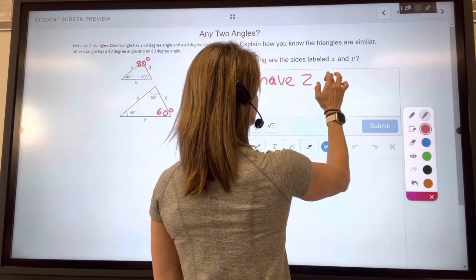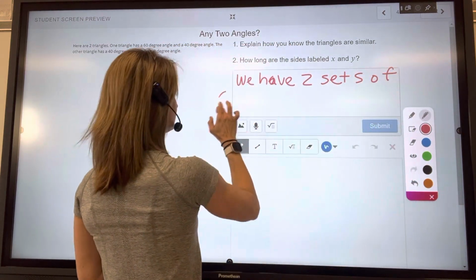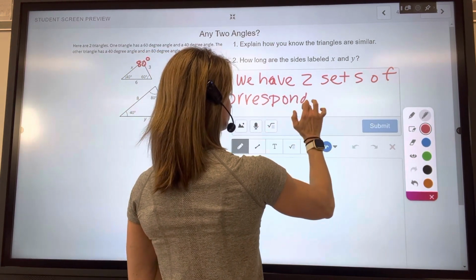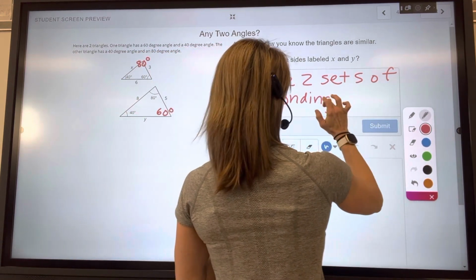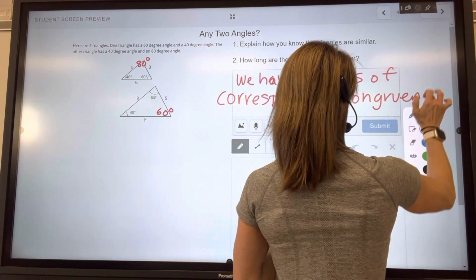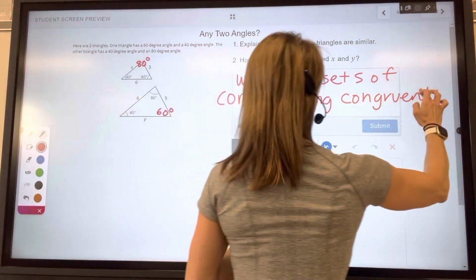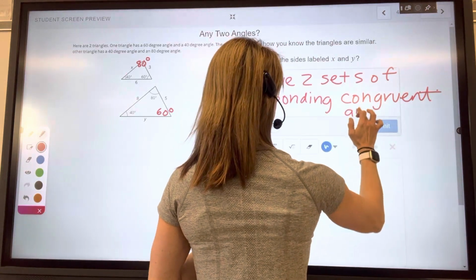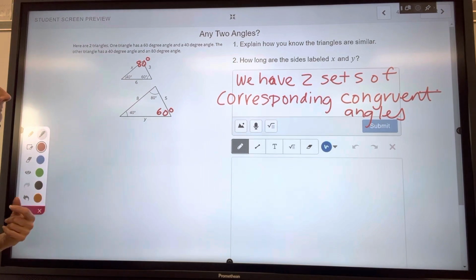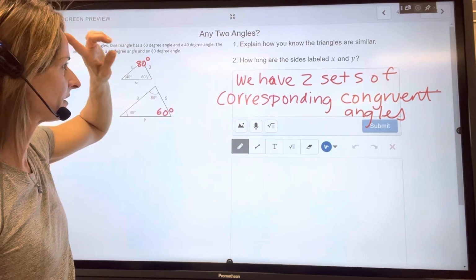We have 2 sets, because that's all we need is 2. 2 sets of corresponding congruent angles. And while you guys are writing that down, I'll read the next part of the question.